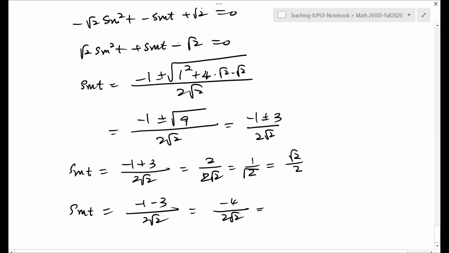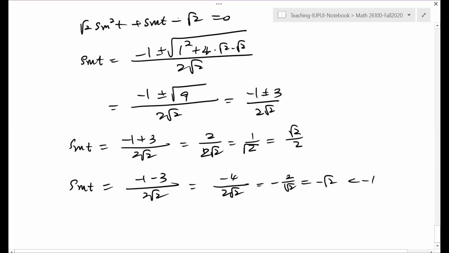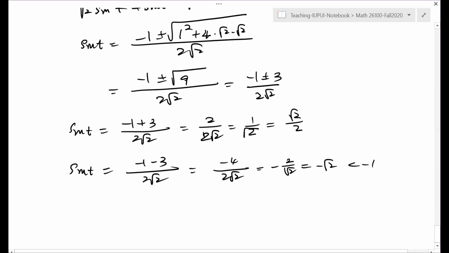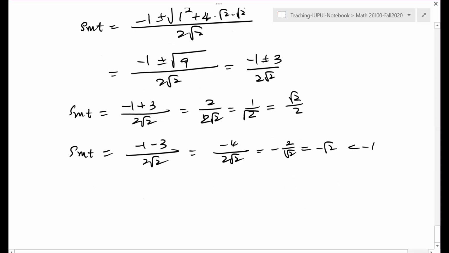So you will get negative 4 over 2 square root 2, which is negative square root 2, which is no solution because this is less than negative 1. Okay, so you only have one solution. That's good. Okay, so sine t equals square root 2 over 2.